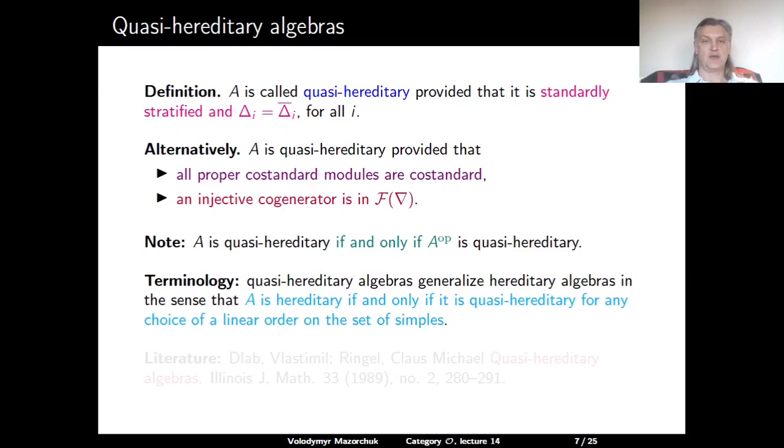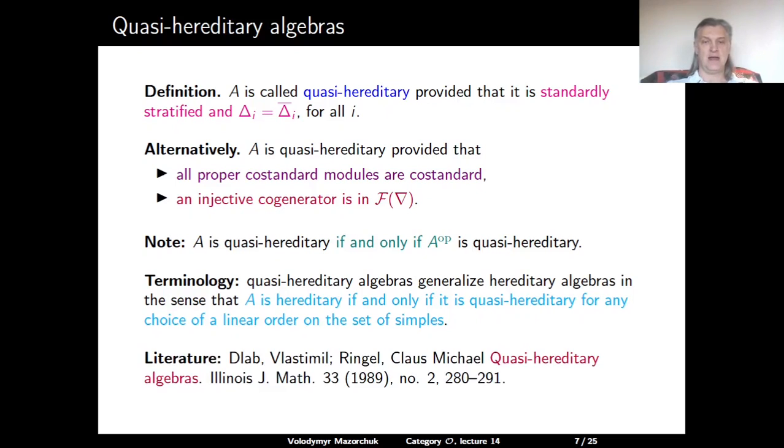The terminology quasi-hereditary is motivated by the observation that an algebra A is hereditary if and only if it is quasi-hereditary for any choice of linear order on the set of simple modules. And the relevant literature is the paper by Glab and Ringel, which is called Quasi-Hereditary Algebras, from 1989.